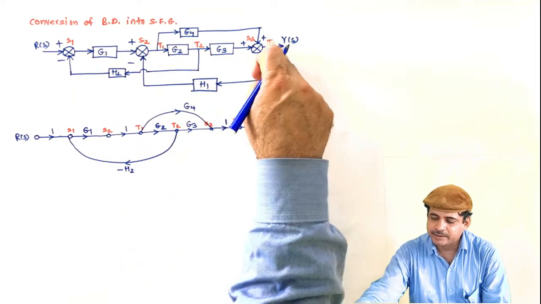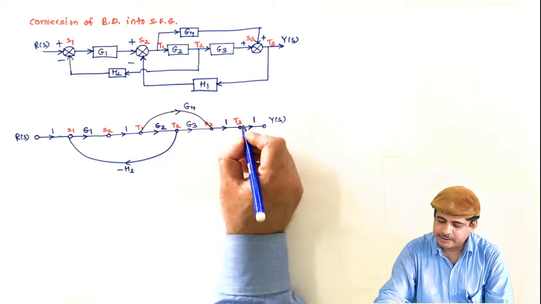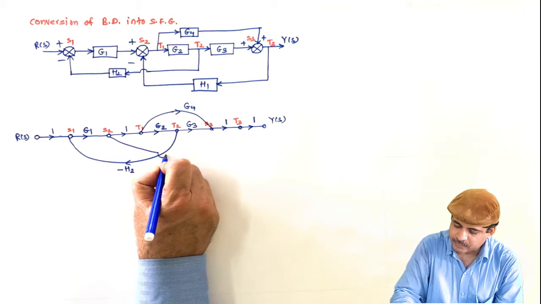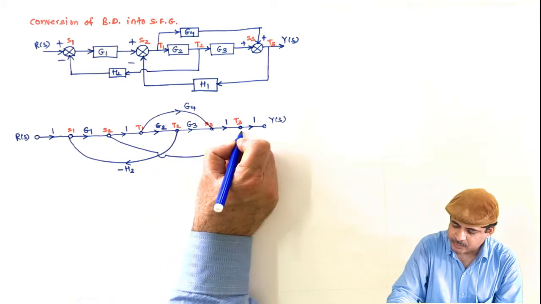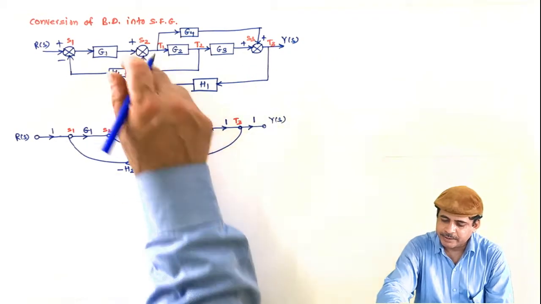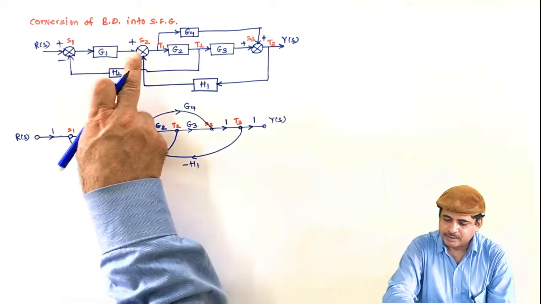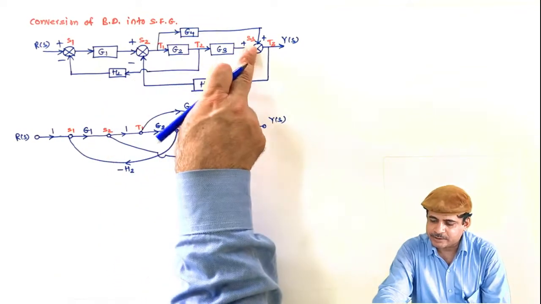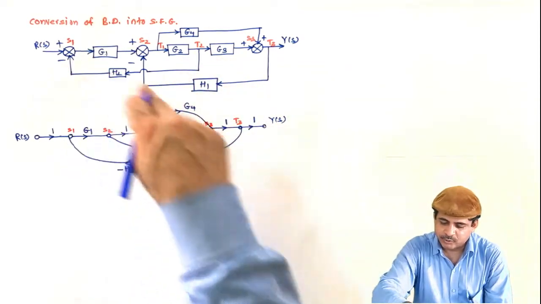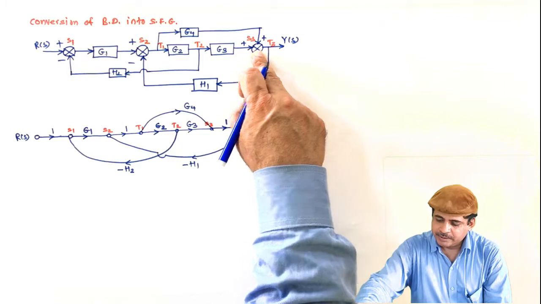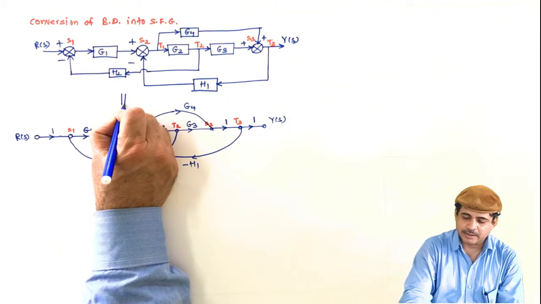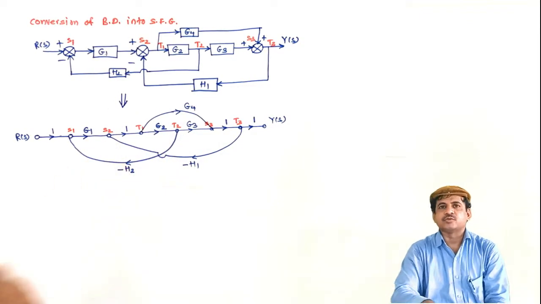There is a link between T3 and S2, and the gain is H1, negative sign, so minus H1. Then T1 to S3, already done. Then T2 to S1, it is done. S3 is also done, T3 is also done. So this block diagram is converted into SFG, this one.